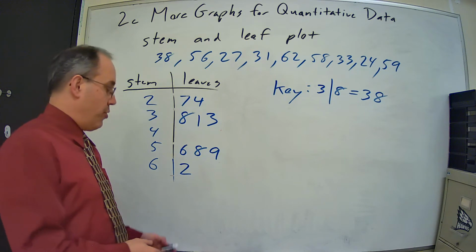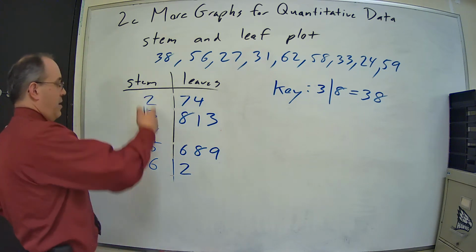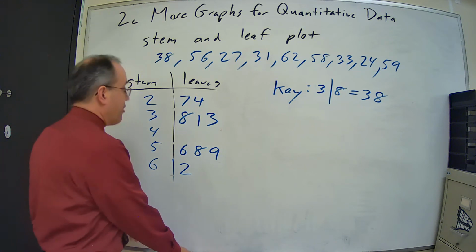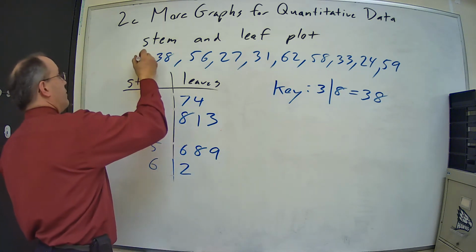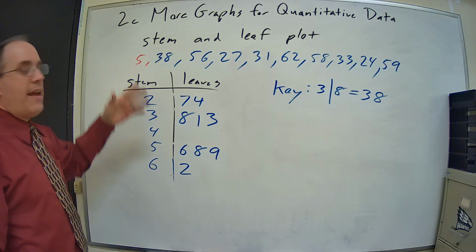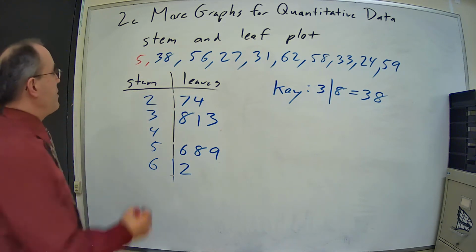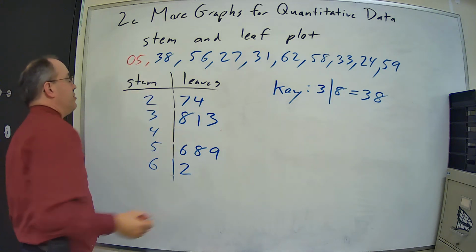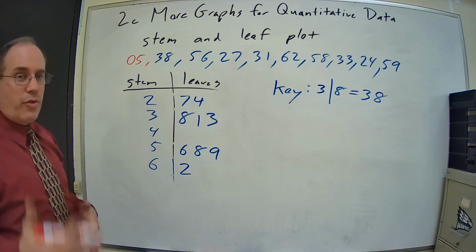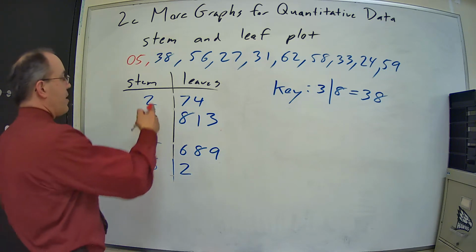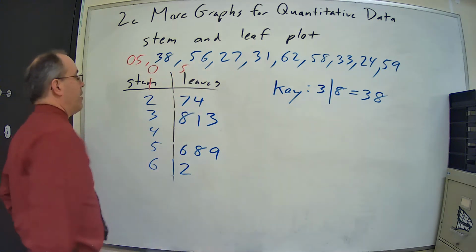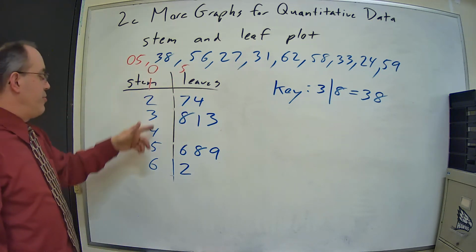Another thing to take note of is that sometimes we have a number such as 5. Well, if we have the number 5, how would we do that here? Well, isn't 5 the same thing as 05? It is. It means we have a 0 in the tens place. So if we're dealing with a single digit number, then we're just going to start higher and have 0, 1, 2, 3, 4, 5, 6.